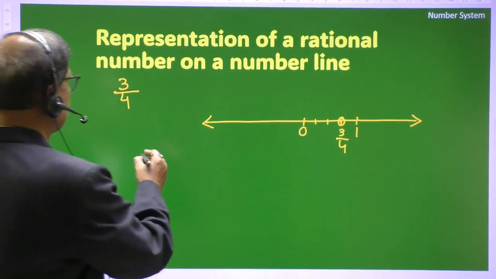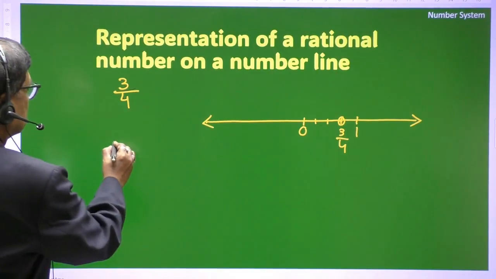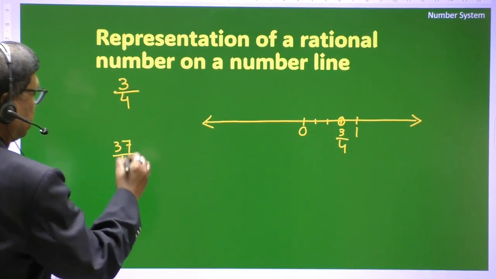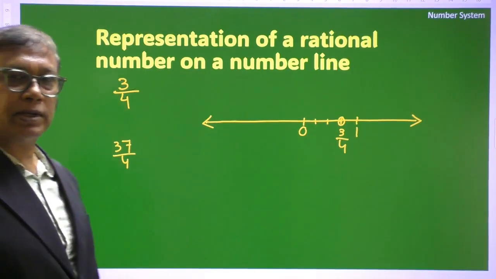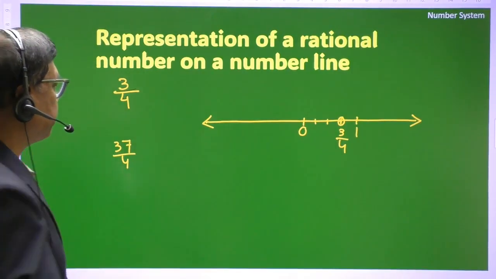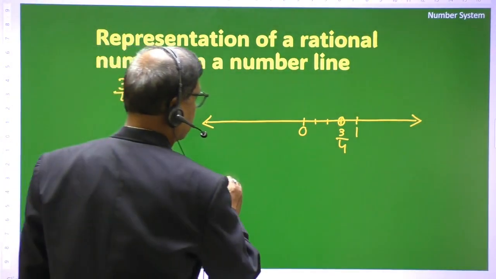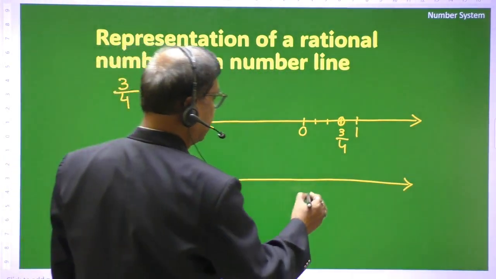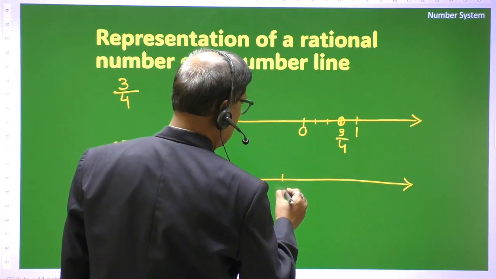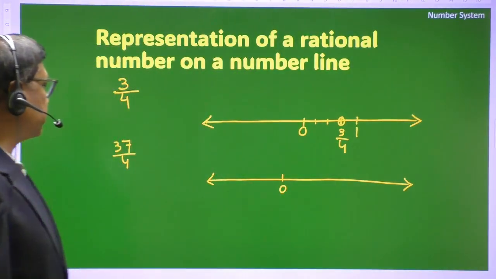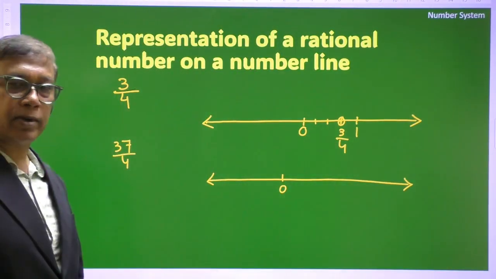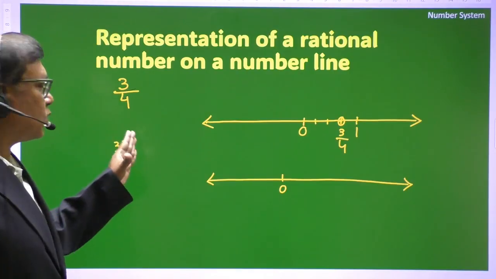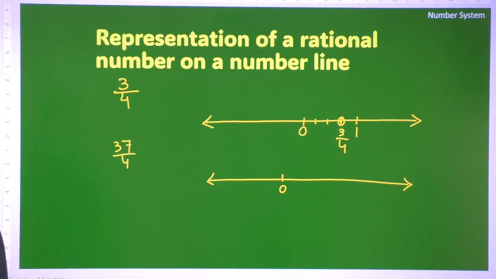Now I am taking one more example. Say 37 by 4. How will we represent it on the number line? So this is a number line and this is origin. 37 by 4, that is, it is 1/4 of 37.